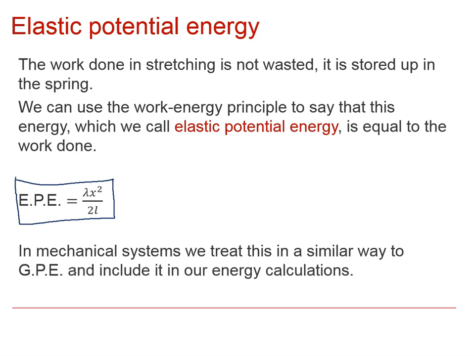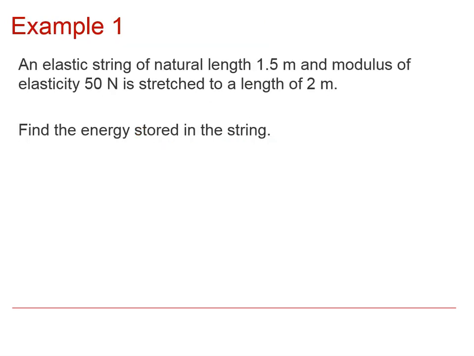We treat this very similarly to gravitational potential energy, and we include it in our energy calculations. In some situations, we may be using both elastic potential energy and gravitational potential energy, and in fact, kinetic energy as well.